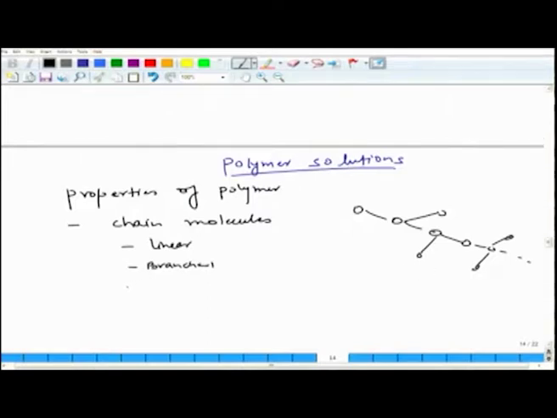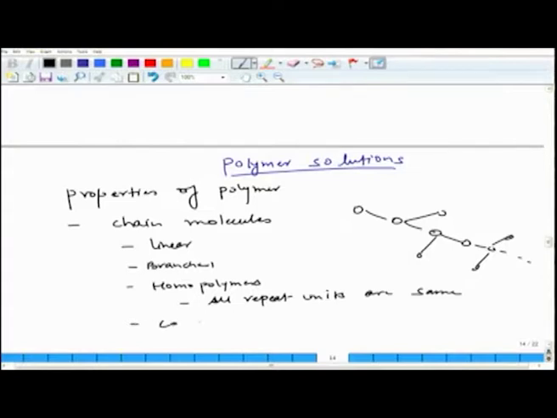Then you can have a homopolymer, where all repeat units are the same.